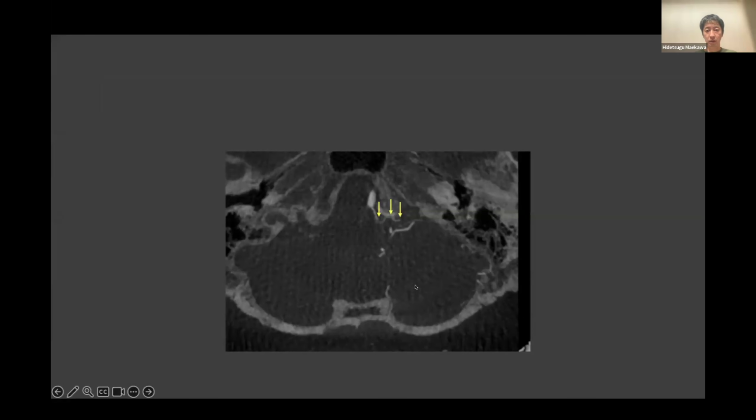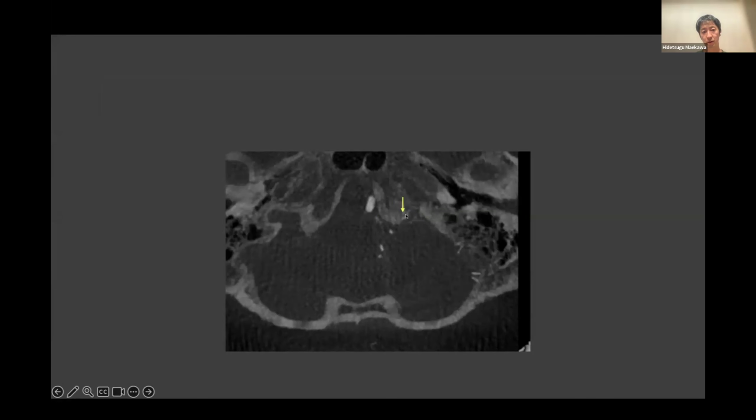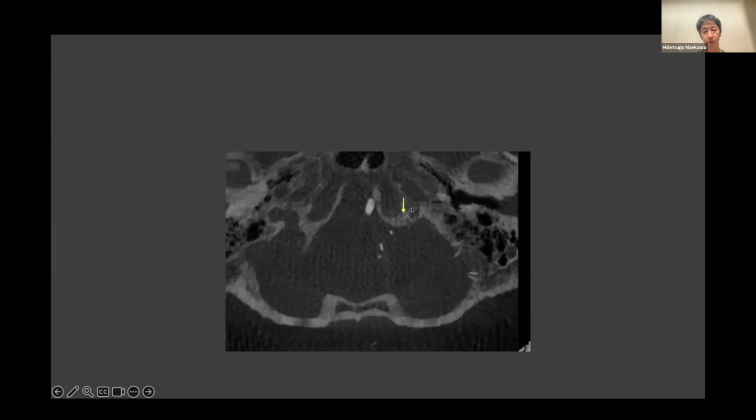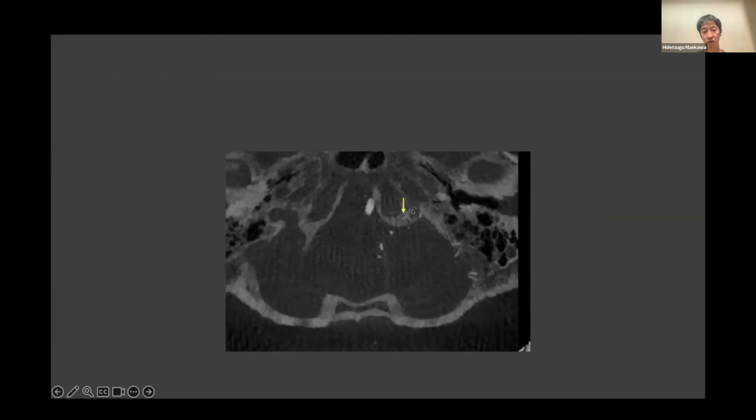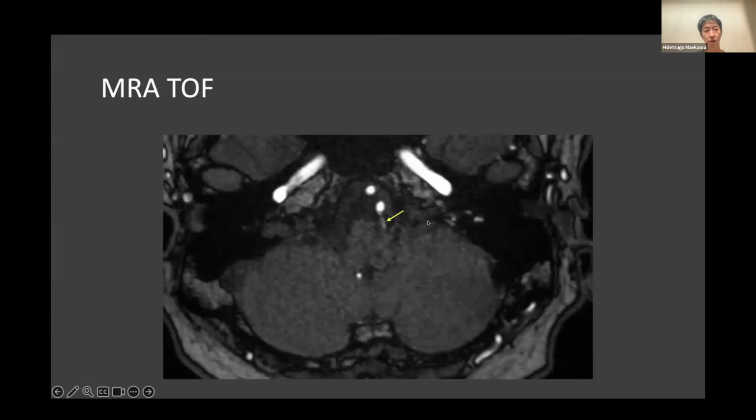And on 3D angio, you can see the PL feeder comes down here to the jugular foramen, and on MR you can see that this artery runs lateral to the medulla oblongata.